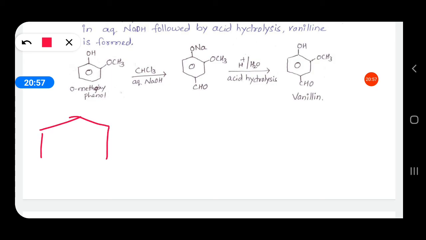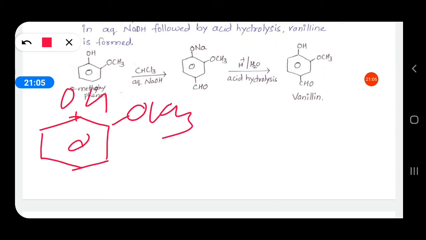Benzene ring, OH, methoxy group, CH3, and at the para position one hydrogen and one Cl is replaced. This carbon and 2 Cl are added here, CHCl2, like this.